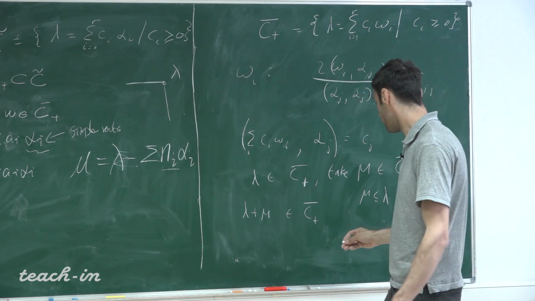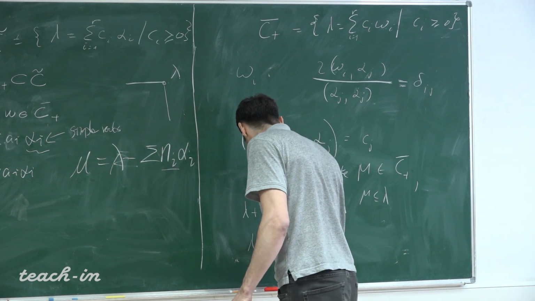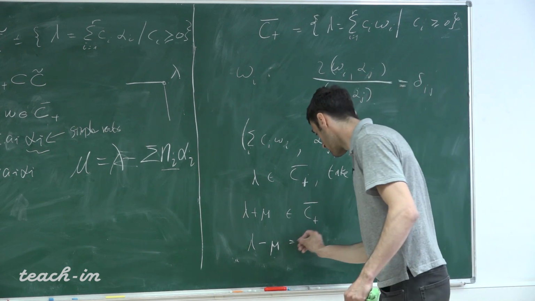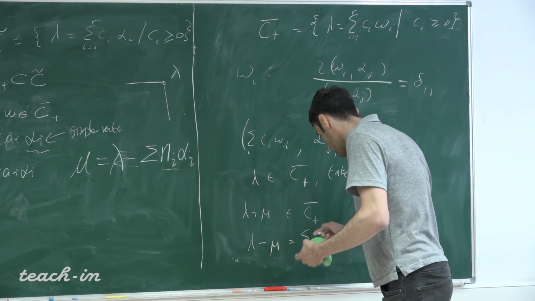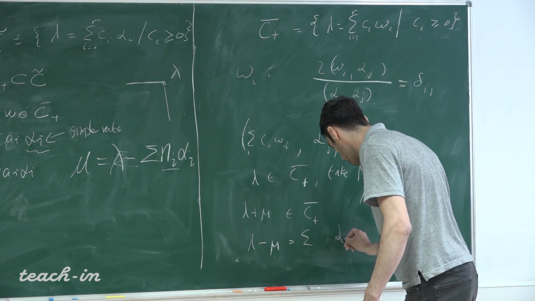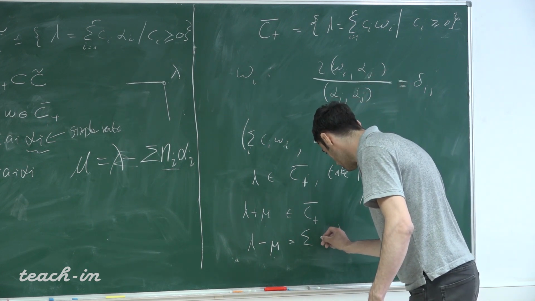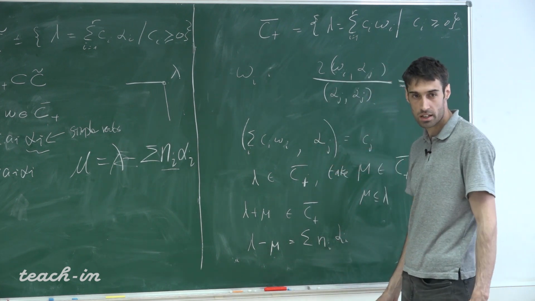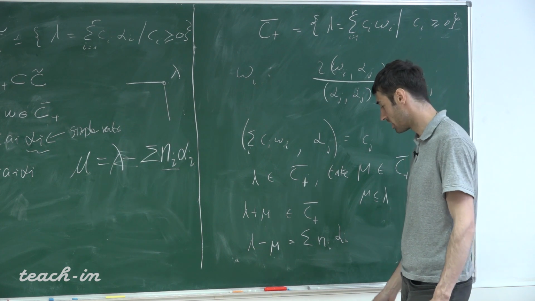Then lambda minus mu, I can decompose as a sum over alpha i's like this, where ni is non-negative.